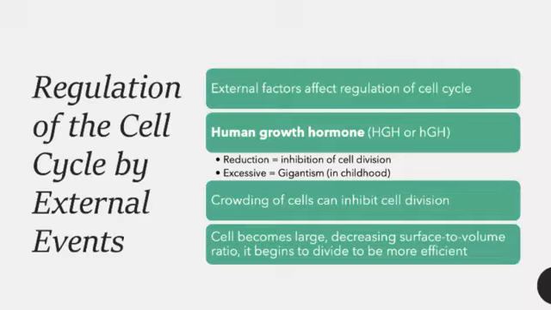As our cell gets larger, as we've talked about in the past, its surface area to volume ratio decreases, and this makes the cell less efficient at moving materials in and out. We won't be able to get the nutrients in toward the center of the cell, and the waste is going to start to pile up inside the cell, and we're not able to move it out. So to restore efficiency, our cell will divide, and that will reduce its size and improve that ratio.